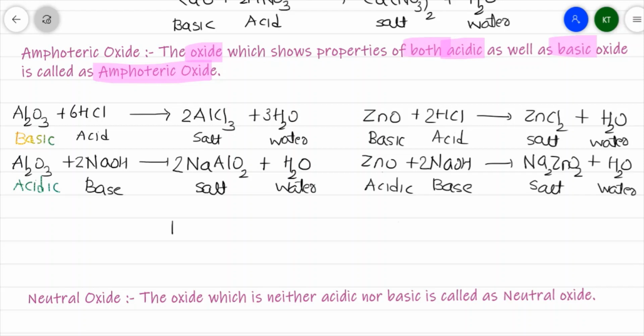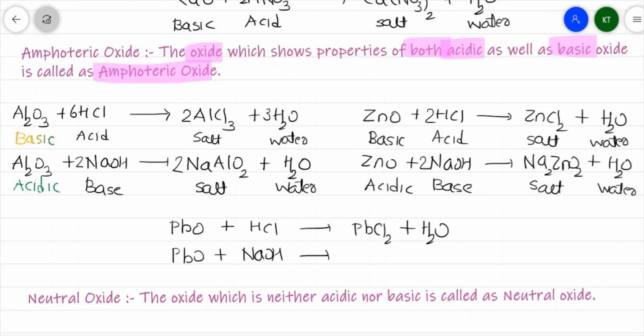Let me take one more example for this, PbO. PbO reacts with HCl in order to give me PbCl2 plus H2O, and PbO reacts with NaOH in order to give me sodium plumbate, that is Na2PbO2 plus H2O. So in the first reaction, PbO acts as a basic oxide.